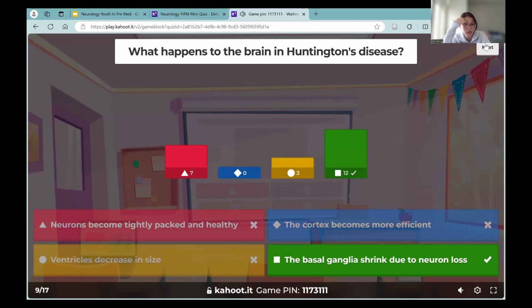So during Huntington's disease, you're losing brain cells. The ventricles are the holes that Nathaniel pointed out, so they expand because the brain cells and the matter in the brain are degraded by Huntington's disease. So basically, you have basal ganglia shrinkage, the neurons are less packed and healthy, and the ventricles are increasing in size.